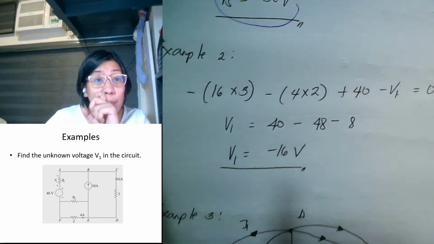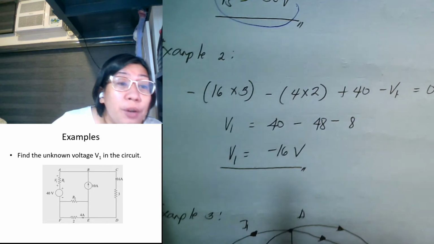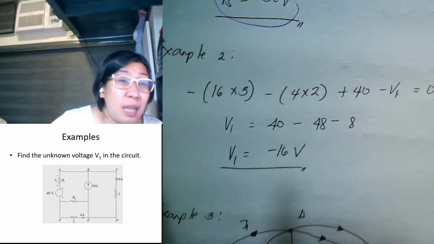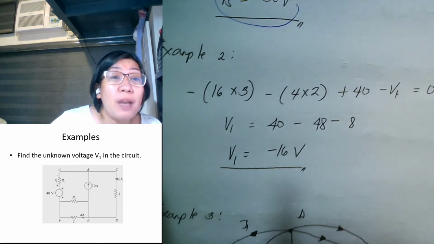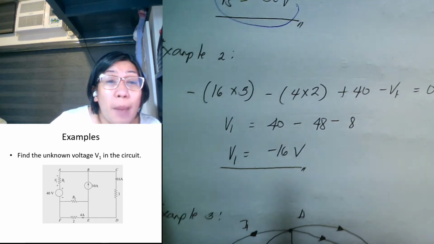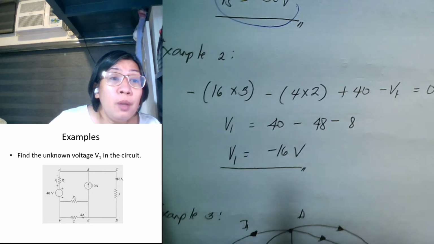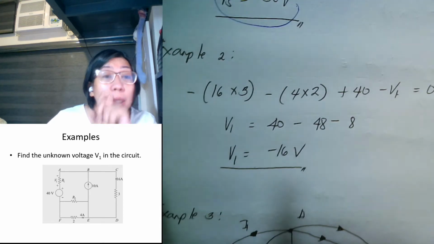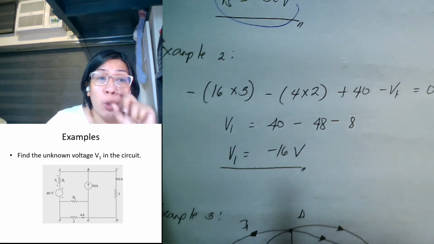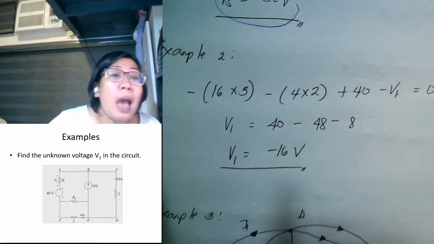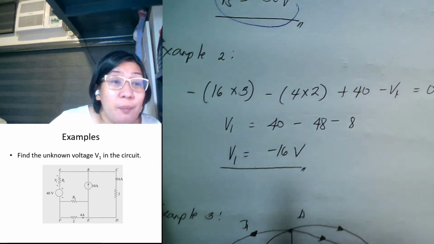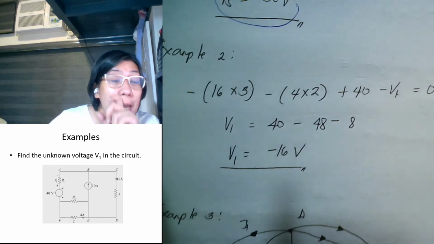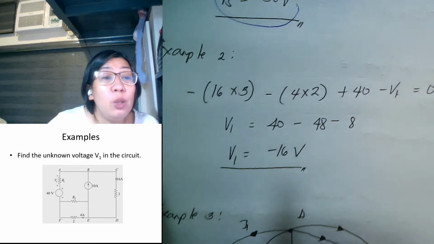Continuing, the current enters here, this is positive, and the current leaves this 2 here, so we have again minus there. So minus, current is 4 times 2 here. Continuing the path, you have positive 40 because the loop leaves at positive 40. And then we have here minus V1.